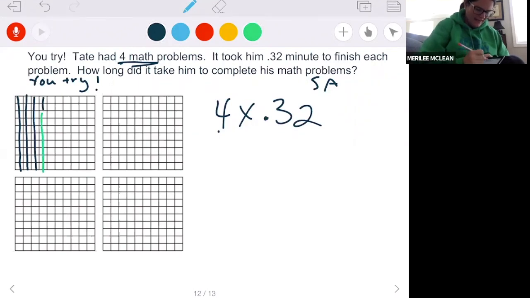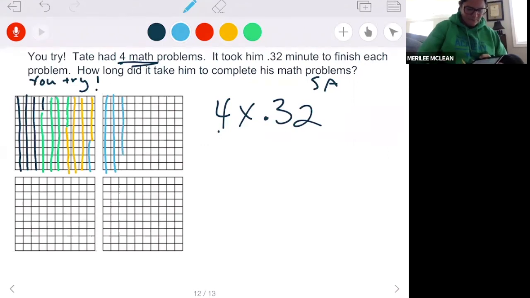And here's 8, 18, 28, 29, 30, 31, 32. That's another group. Then 1, 2, 3, 4, 5, 6, 16, 26, 27, 28, 29, 30, 31, 32 hundredths. That's 3 groups. Last group, 4, 14, 24, 25, 26, 27, 28, 29, 30, 31, 32.